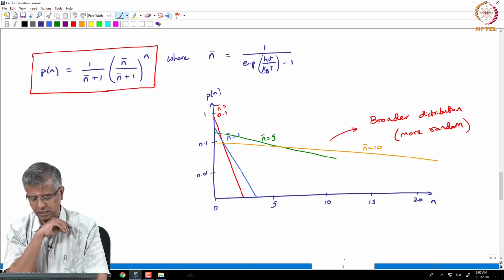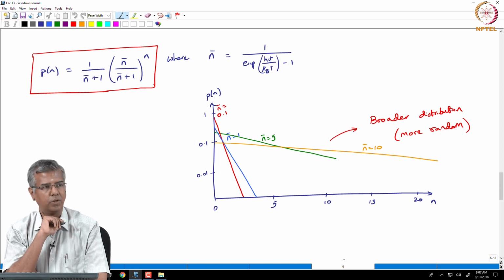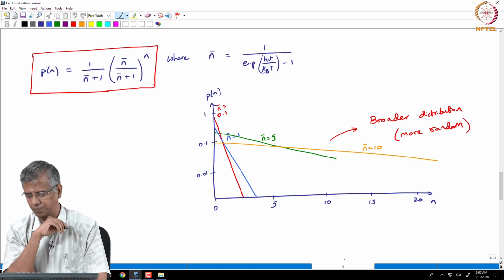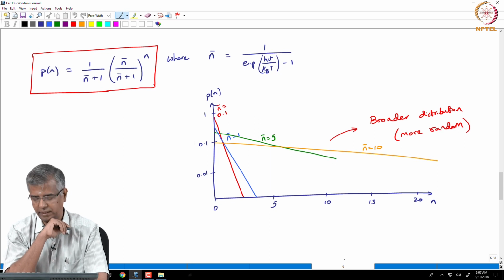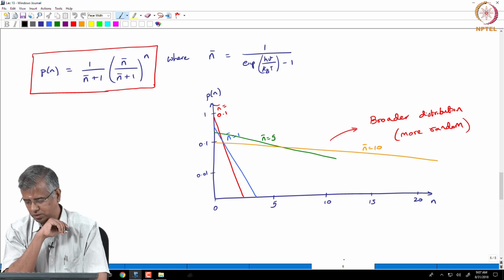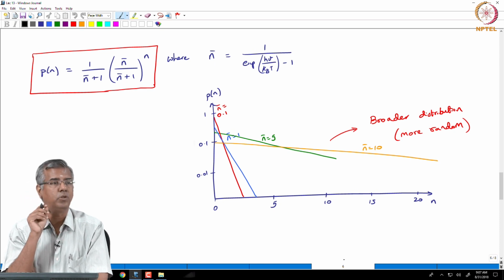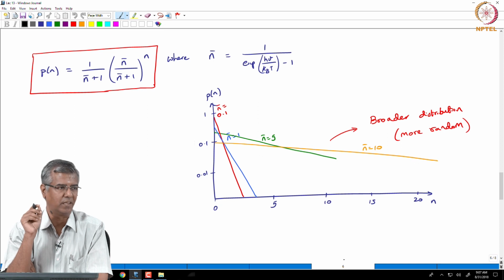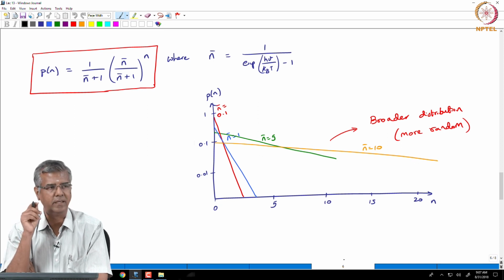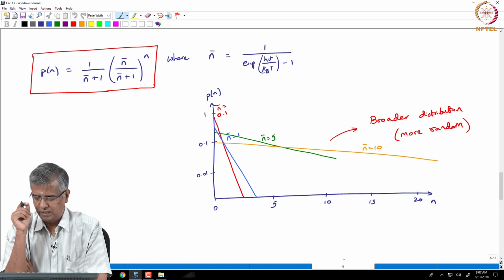So what we are saying is, for thermal light sources, the probability of finding n photons could be quite broad, right? So if you have an average number of photons as 10, and you go to a very small time scale, let's say a nanosecond time scale.